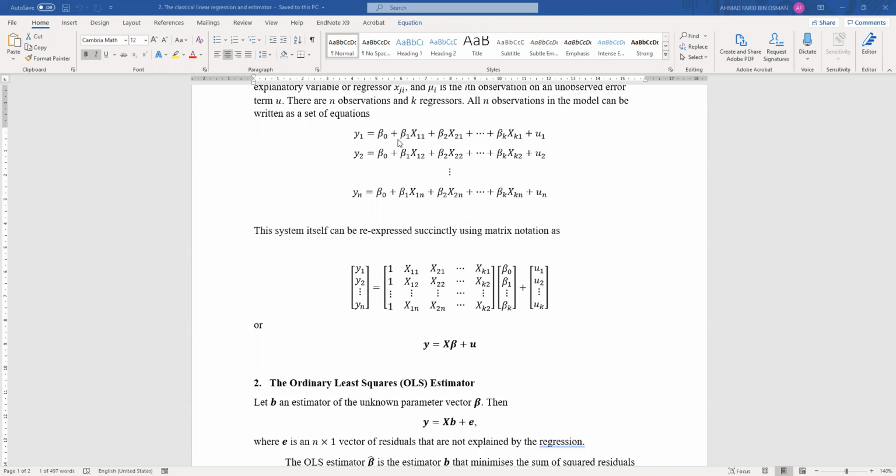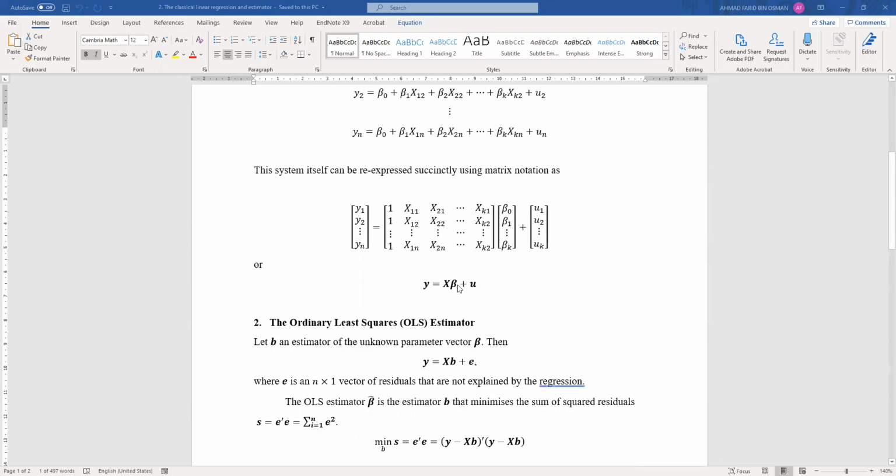Now you have beta 0 plus each of these, and then you have a vector of parameters, the slope parameters including the intercept, and a vector for the error term or disturbance. This equation can be expressed using a symbol like this: the vector y equals the matrix X times the vector of parameters beta plus the vector for the error term.